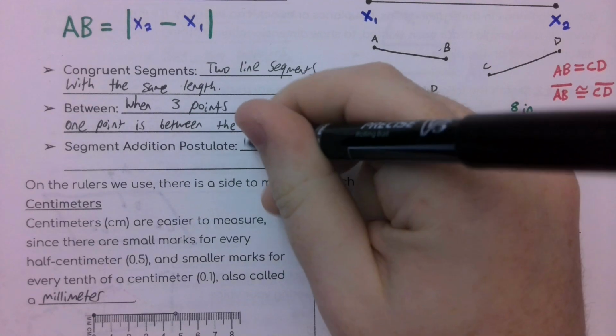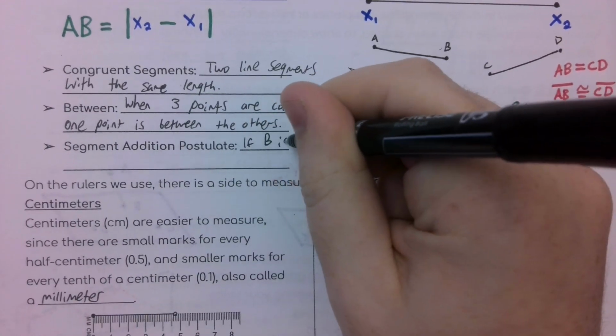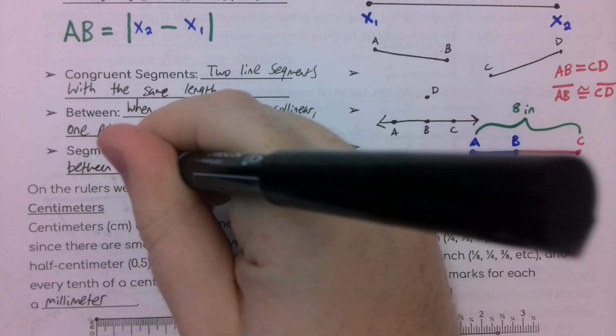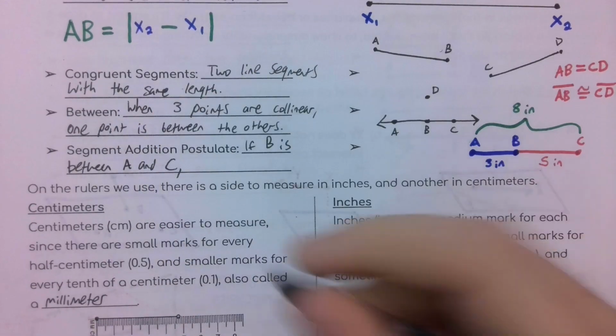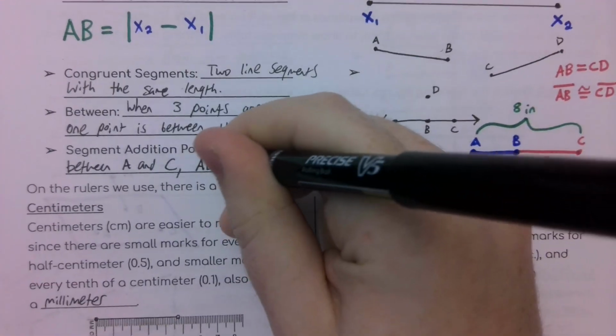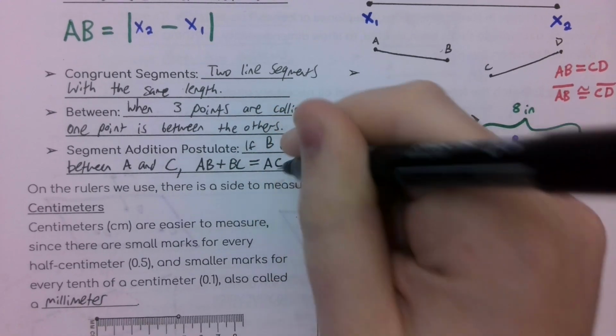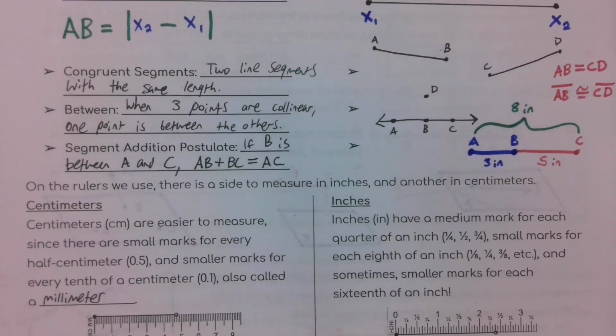In words, it is, if B is between A and C, then AB plus BC equals the length of the entire segment AC. So, we're basically just putting together two lengths.